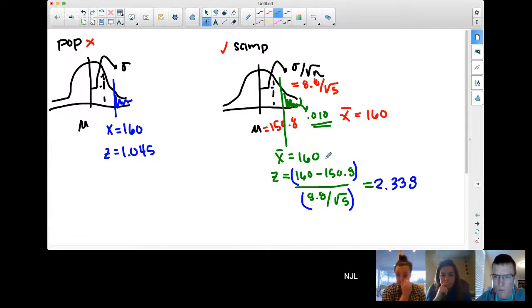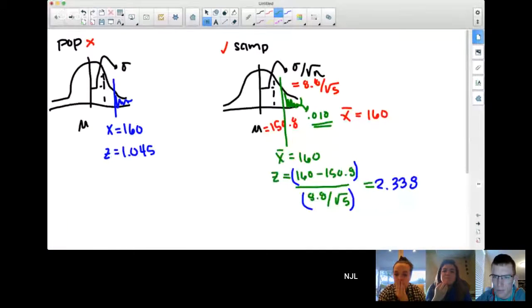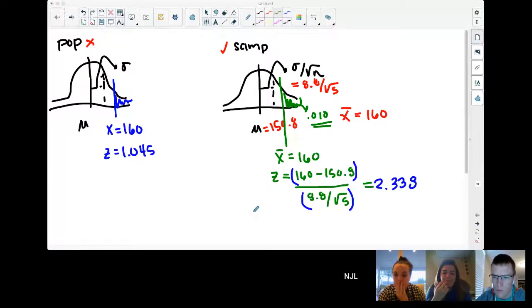Basically, only a 1% chance that you could go out and grab 5 people and their average score would be above 160. So it's a lot harder to randomly select 5 people and get an average score above 160 than to just get a single person whose score was above 160. That makes sense?